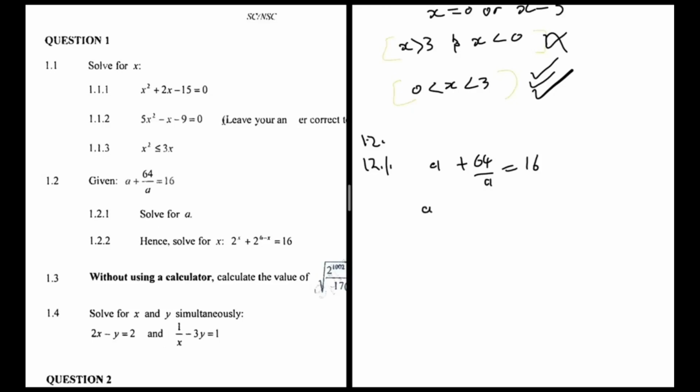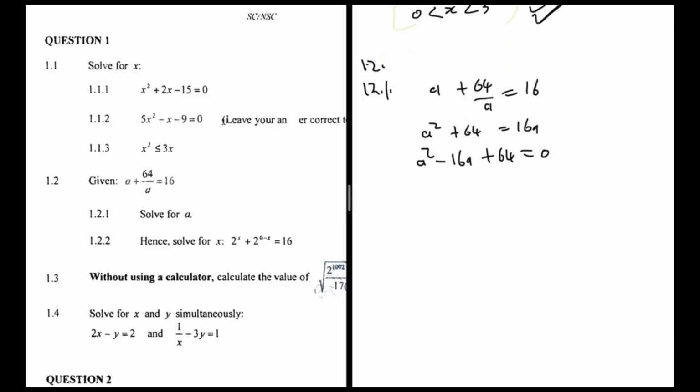So I'm going to get a squared plus 64a equals 16a. Actually, this is just supposed to be 64 and not 64a because it's been divided by a, my bad. So we're going to have a squared minus 16a plus 64 equals 0.